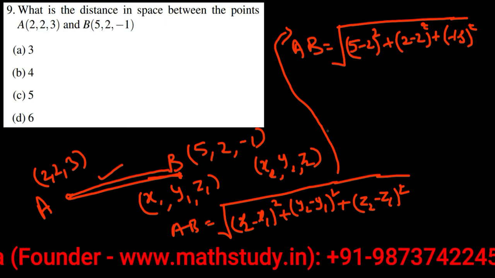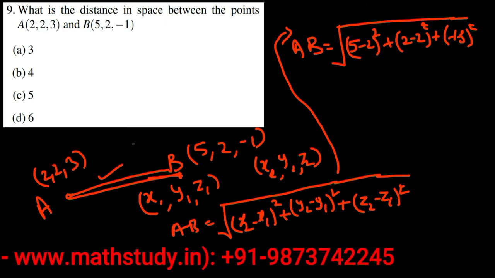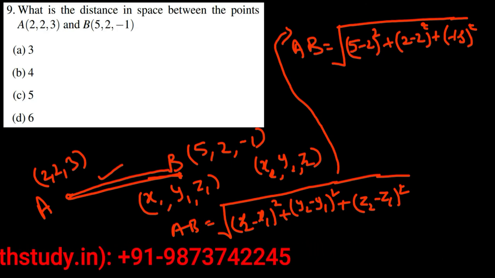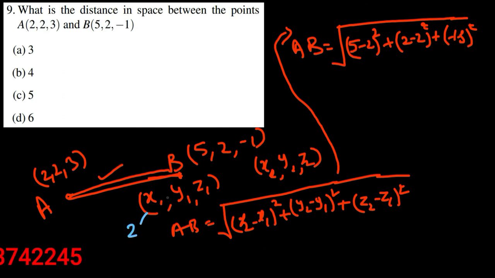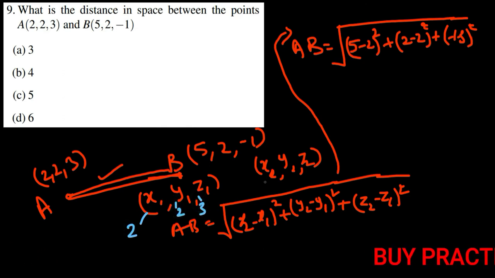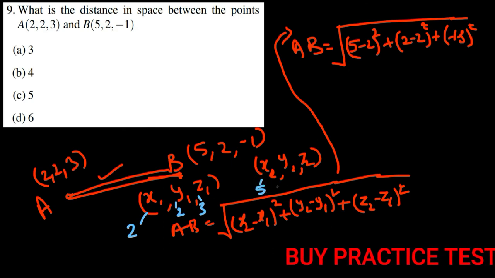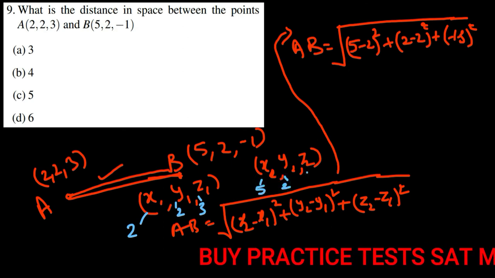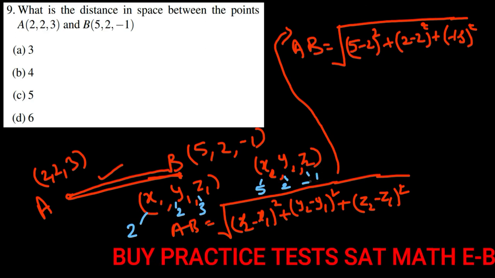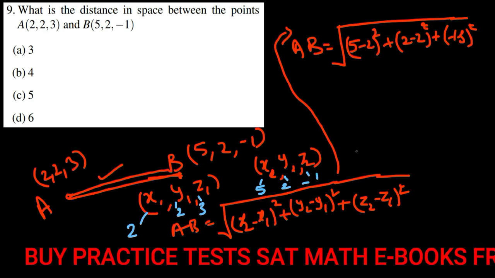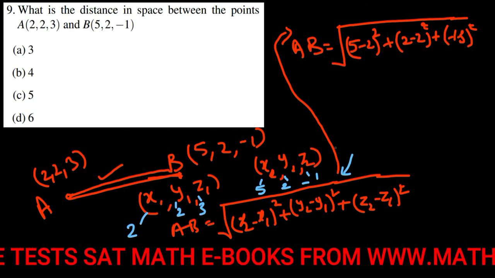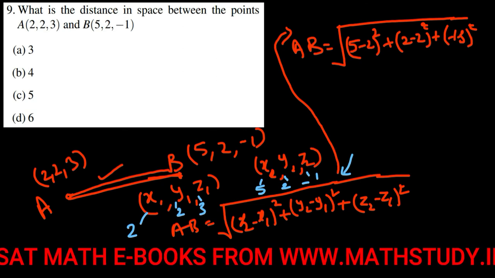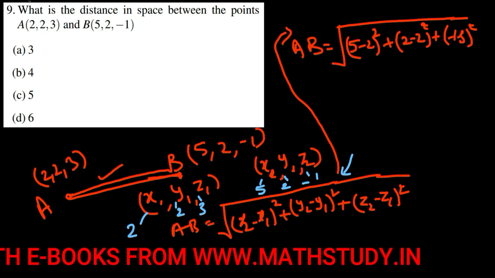So here x1 equals 2, y1 equals 2 and z1 is equal to 3, and here x2 is equal to 5, y2 is equal to 2 and z2 is equal to minus 1. So we are simply putting these values in the formula which we have written here. Now we just have to simplify that AB.